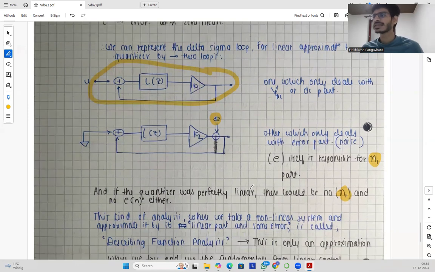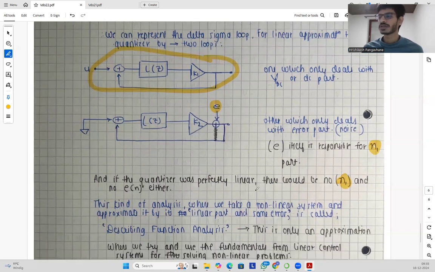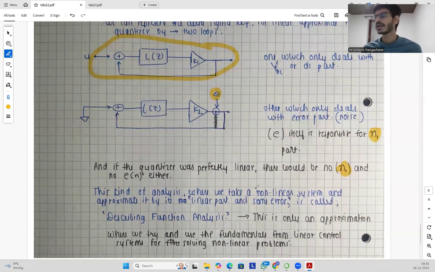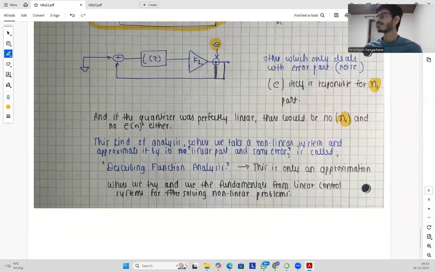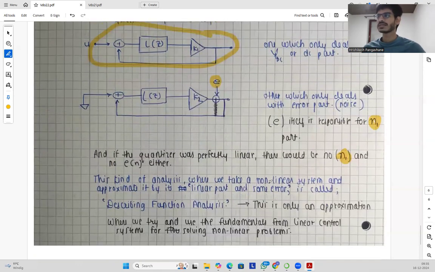This kind of analysis, where we take a non-linear system and approximate it by its linear part and some error, is called describing function analysis. It is only an approximation where we use the fundamentals from linear control systems for solving non-linear problems. This is just the idea behind the linearized analysis.